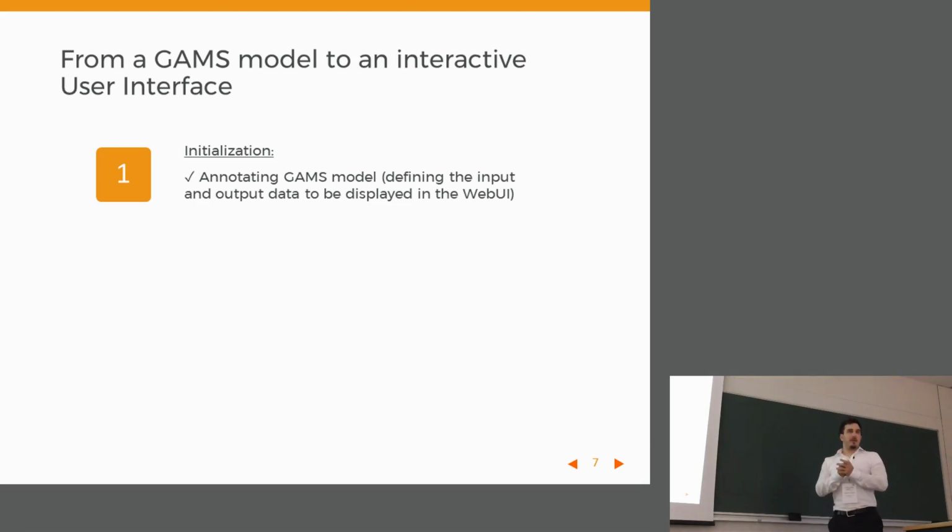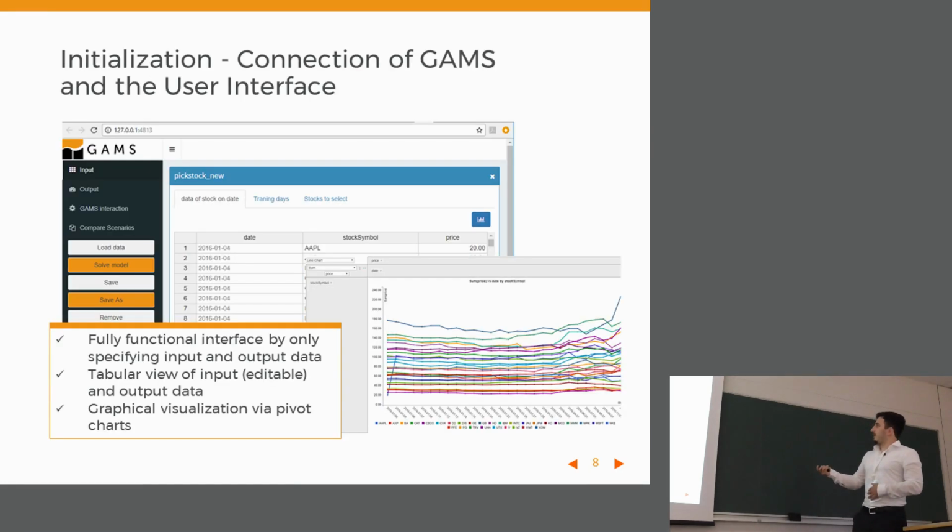And you can do this from within the IDE. So while you're developing your models, you can already have some visual representation, which helps not only the end users, but also you as the developer in order to debug your model and those kinds of things.